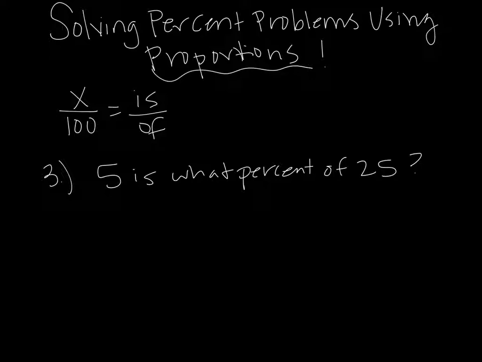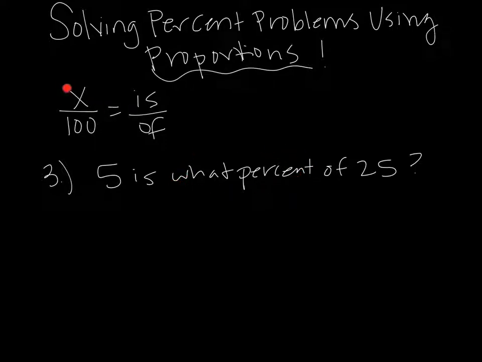Let's try another one. This reads 5 is what percent of 25? Like if 5 snacks that were brought to the movie day were healthy out of 25 total, what percent is that? Okay, we can use our equation to help us find that. Well, we don't know the percent in this one.